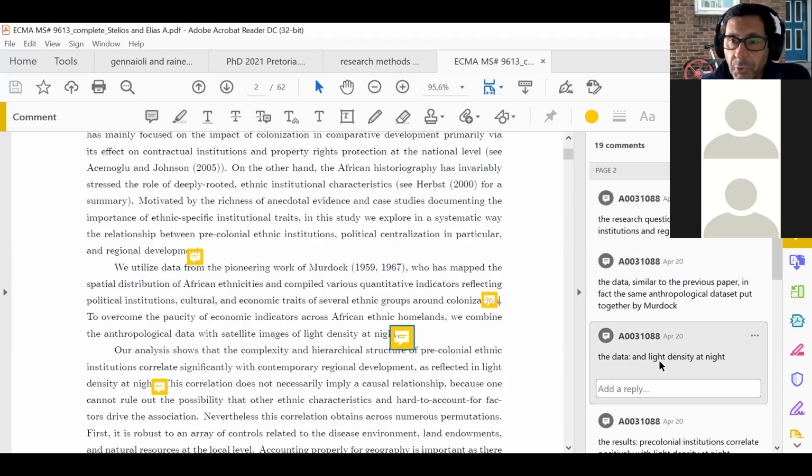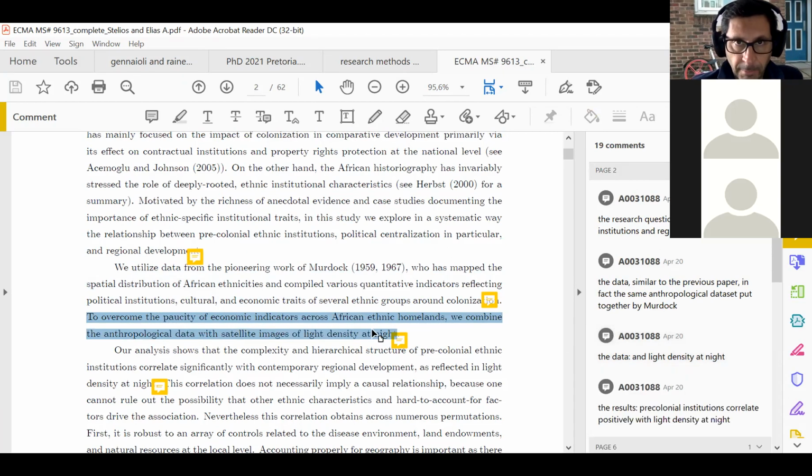The data also use light density at night as a proxy for development. To overcome the paucity of economic indicators across African ethnic homelands, they combine the anthropological data, the ethnic boundaries, with satellite images of light density at night.